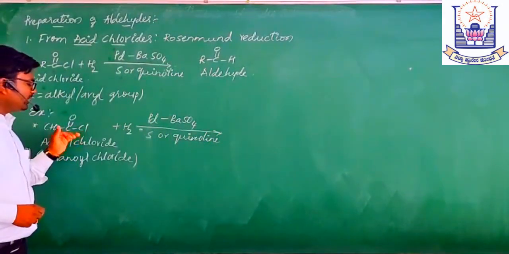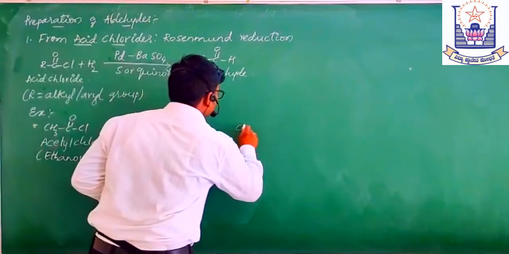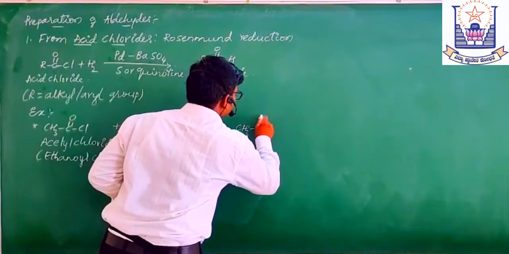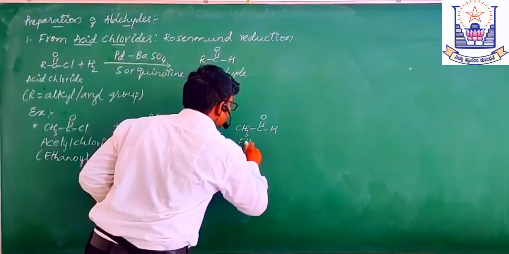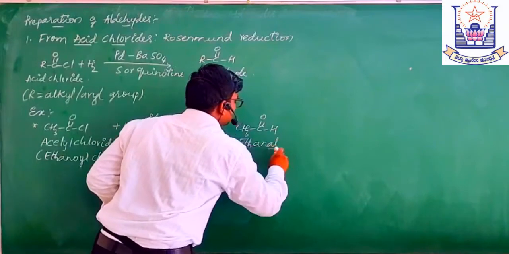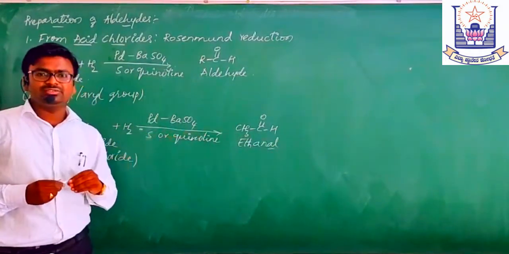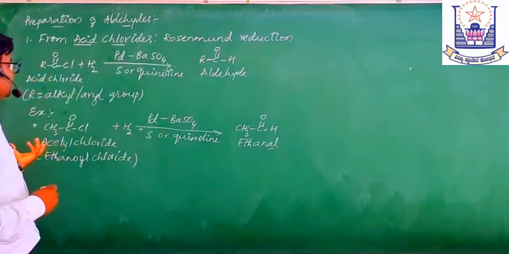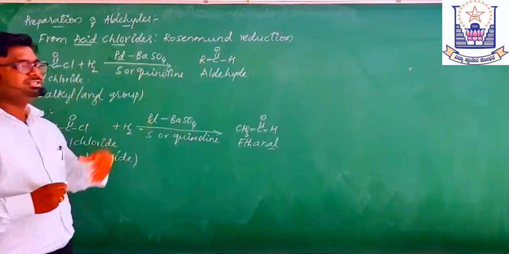You can see the replacement of this Cl with H. So you will get CH3 C double bond O, H. What is this? Ethanal or acetaldehyde, where al stands for aldehyde. This is how aliphatic aldehydes are obtained from this Rosenmund reduction.